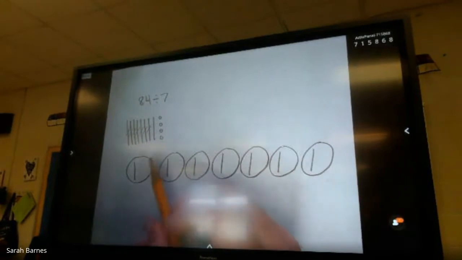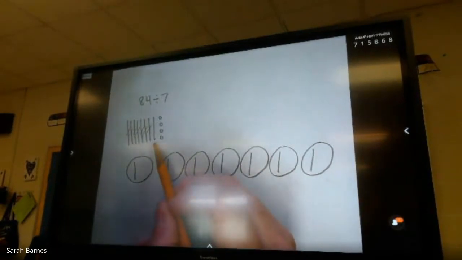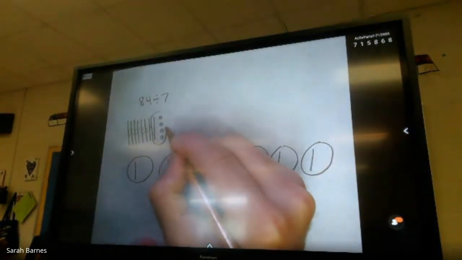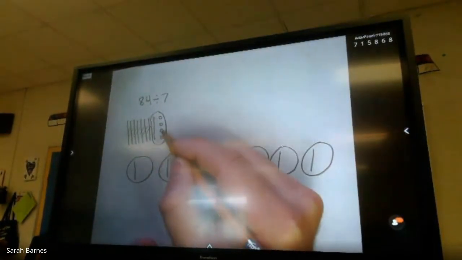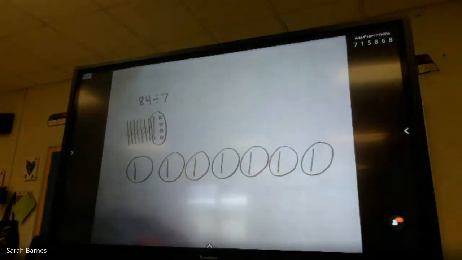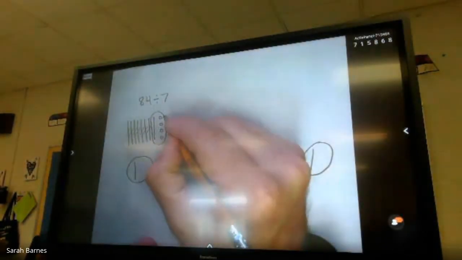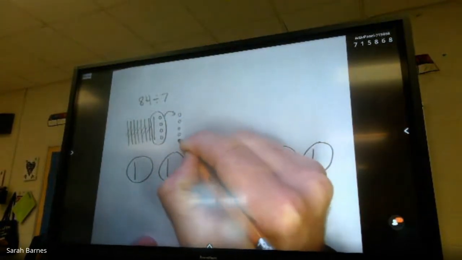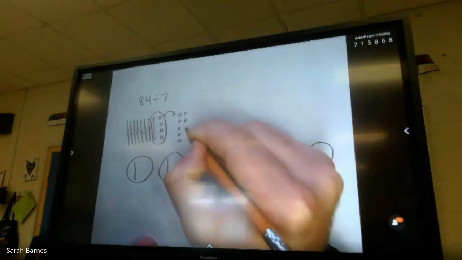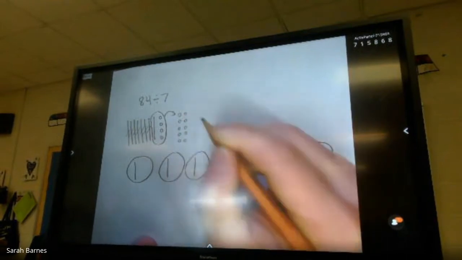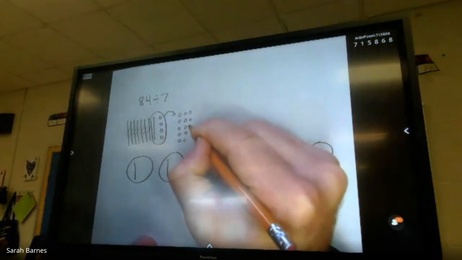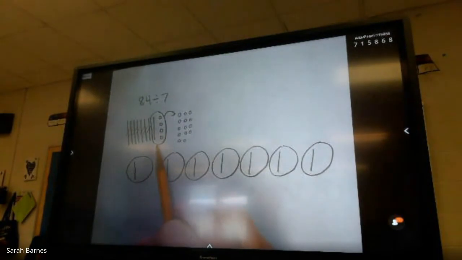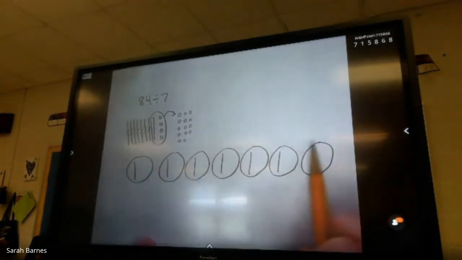So what I have to do is regroup this 10 as 10 ones. So I will circle what I have remaining, which is 1 ten and 4 ones, and I'll regroup that into 14 ones. 1, 2, 3, 4, 5, 6, 7, 8, 9, 10, 11, 12, 13, 14. Now remember, I could not share 1 ten among 7 groups.